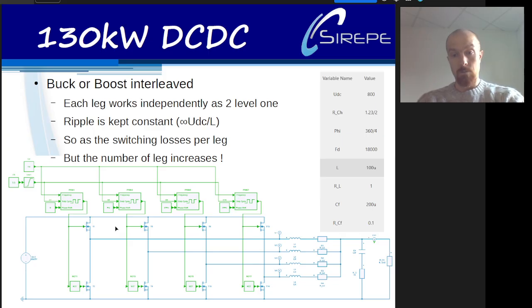As for the inductance, we cannot decrease the inductance volume as the DC current decreases because of this high frequency ripple. And as the number of legs increases, the total losses increase. It's not satisfactory, it's not good.